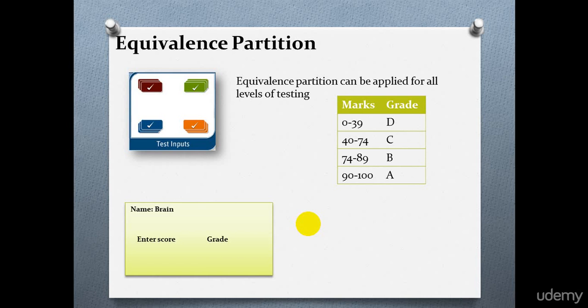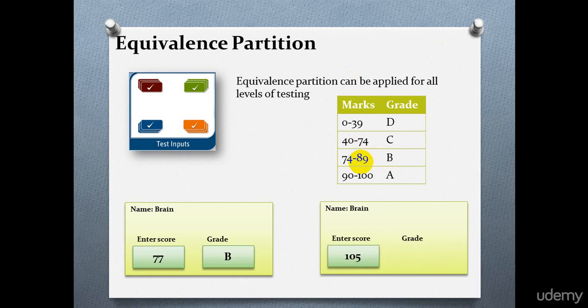Say for example, student Brain, if he scores 77 in his test, then the system should show the grade as B, because Brain's score 77 comes under the partition 74 to 89, and the output of the same would be B. In addition, inputs that are not part of any partition, for example 105, if you see here 105, this is not part of any partition.